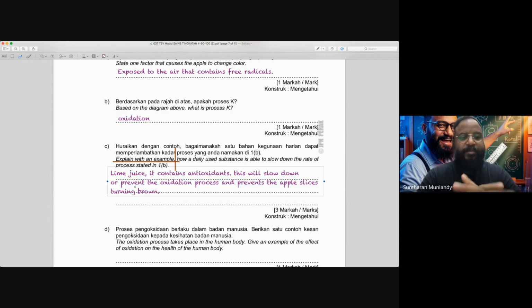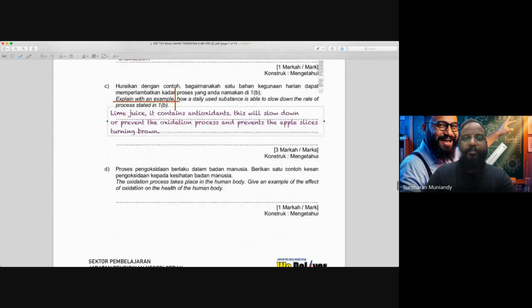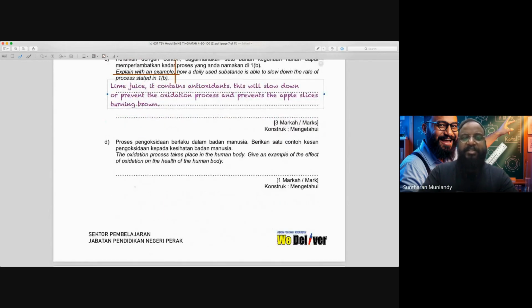Got it? The oxidation process takes place in the human body. Give an example of the effect of oxidation on the health of the human body.